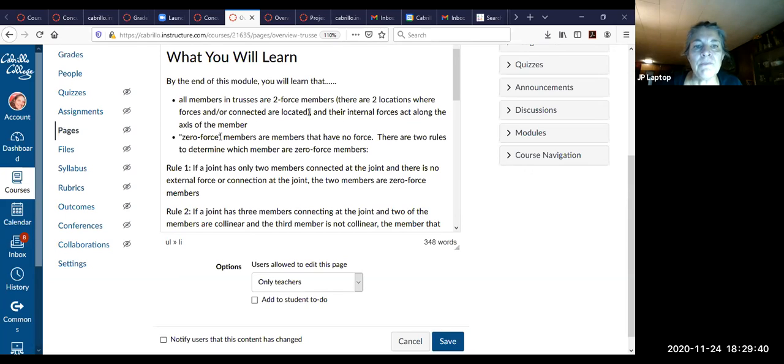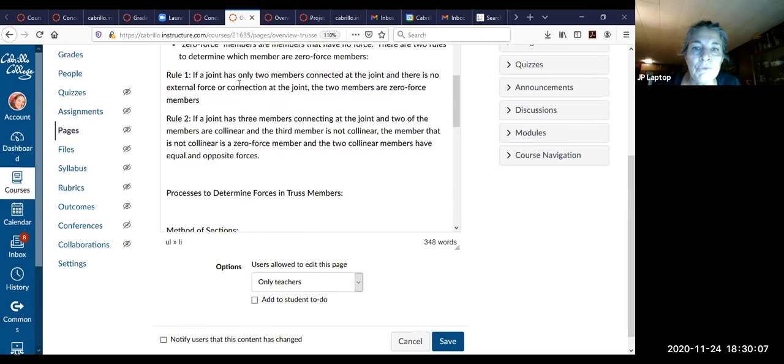Because a zero force member sounds like there's no connections and no forces, no locations at all, but a zero force member has no force. So this one makes more sense. Zero force means no force. And on the quiz, which I haven't graded yet, there were so many on that truss quiz last week that were zero force members, and it simplified the complicated problem to a simpler problem.